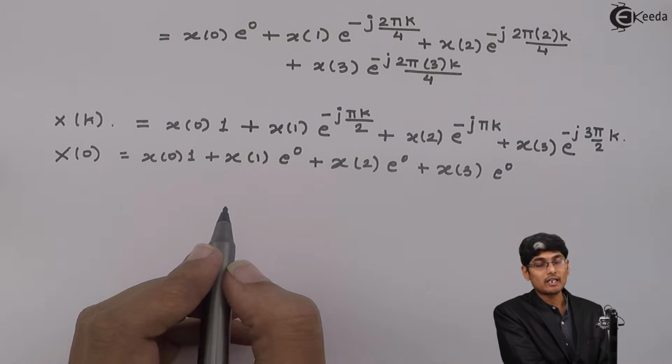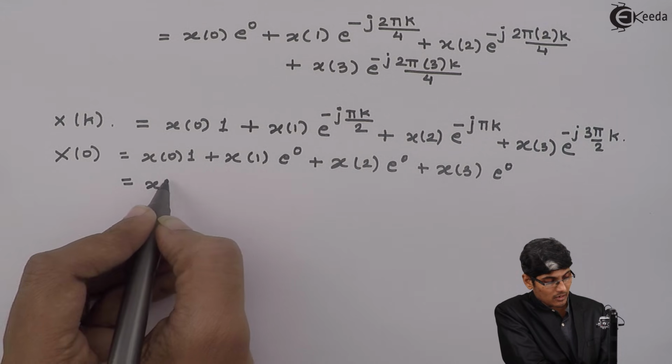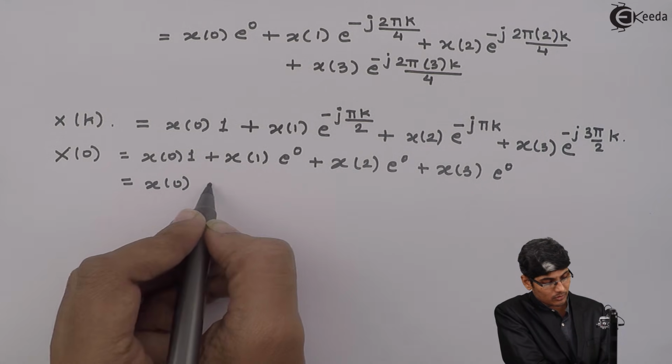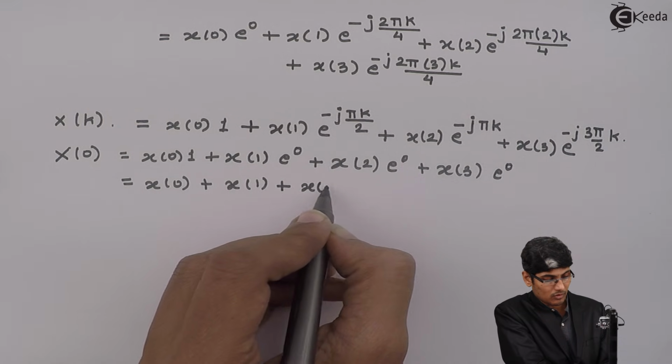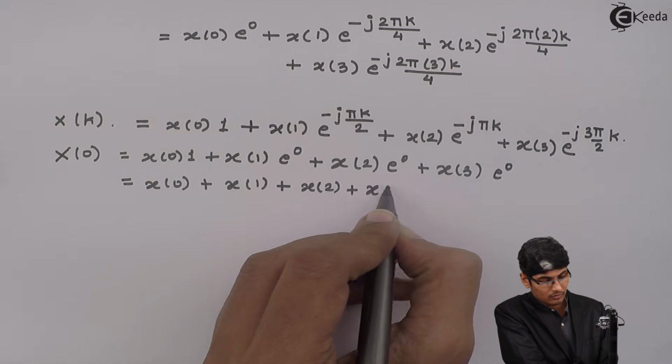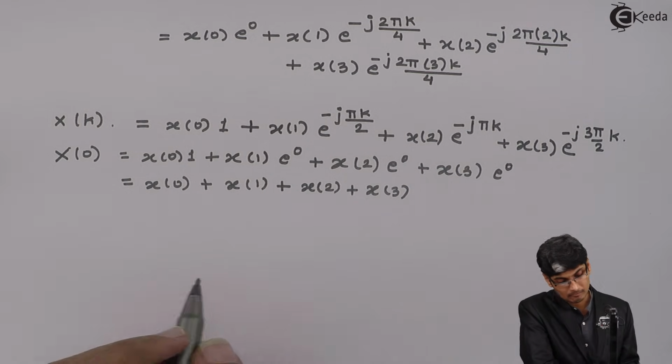This is because I have put k equal to 0. So I will get capital X of 0 equals small x of 0 plus x of 1 plus x of 2 plus x of 3, because all e's we have as 1.